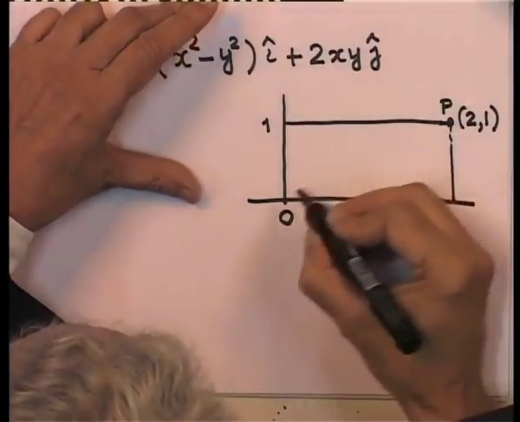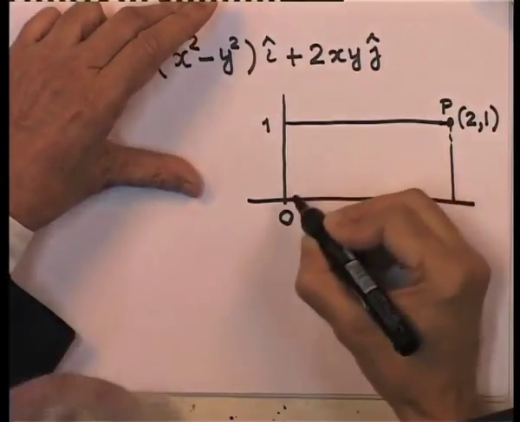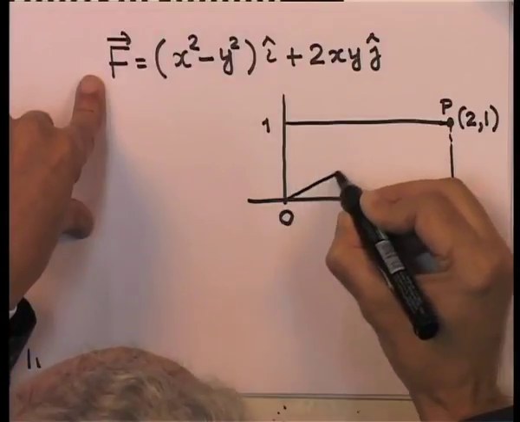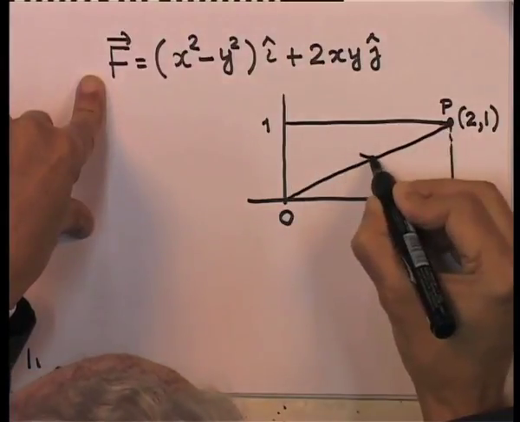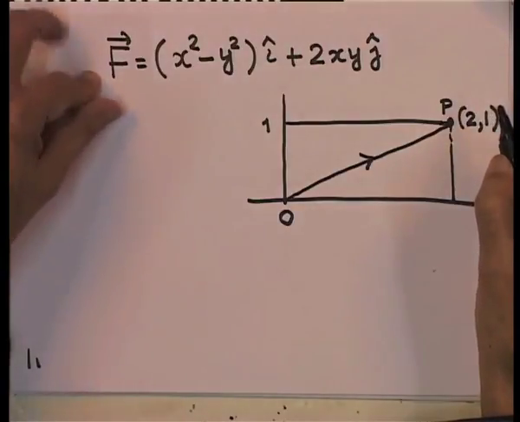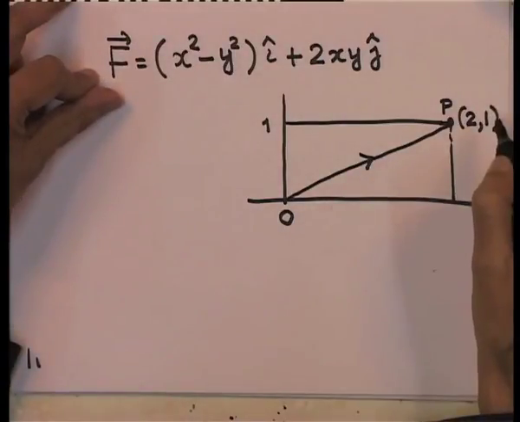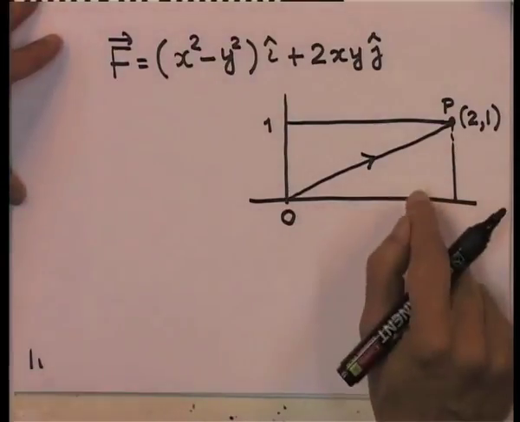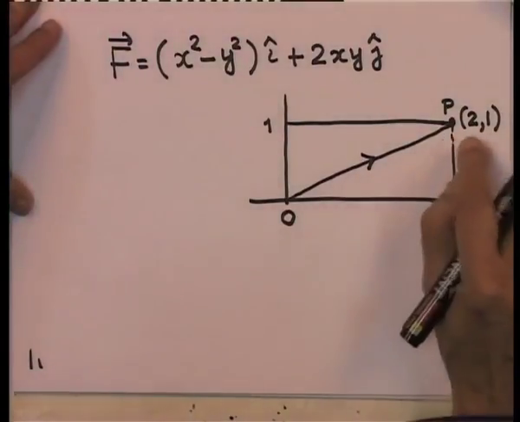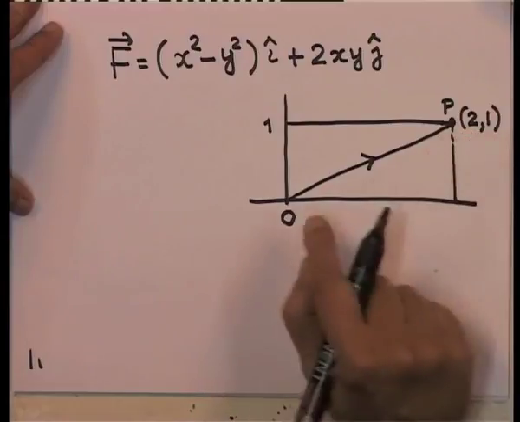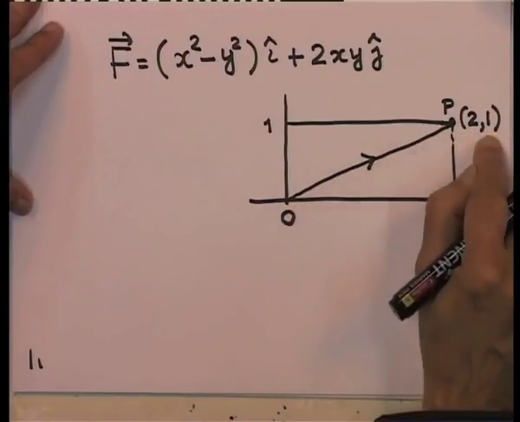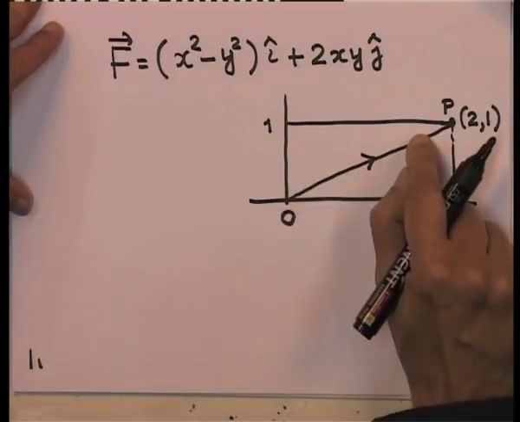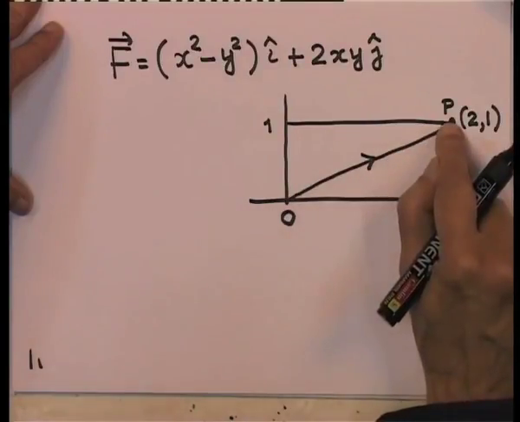First, I will calculate the line integral of this force along a straight line joining the point O to P. Notice, since this straight line joins the origin to (2, 1), I can easily find out the equation of this line.